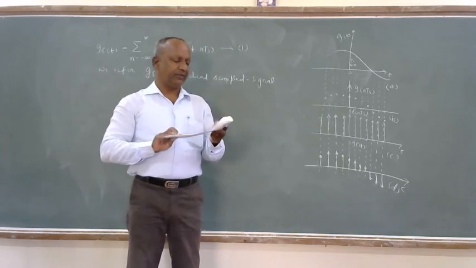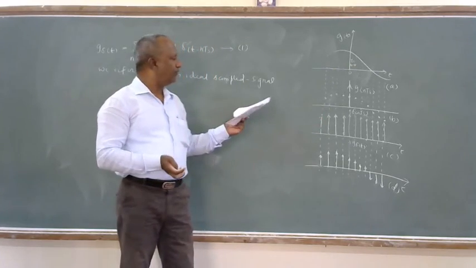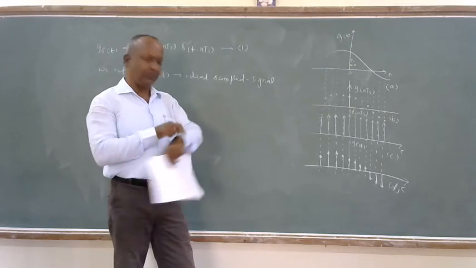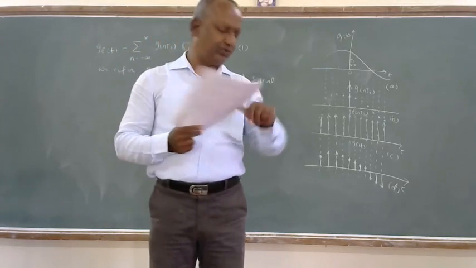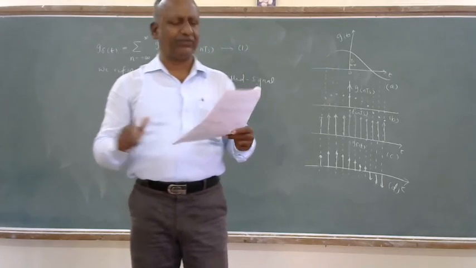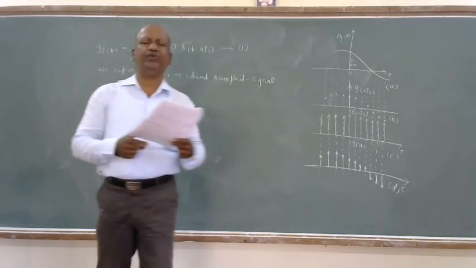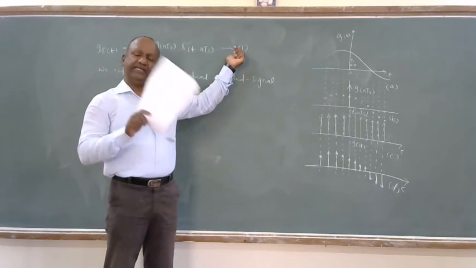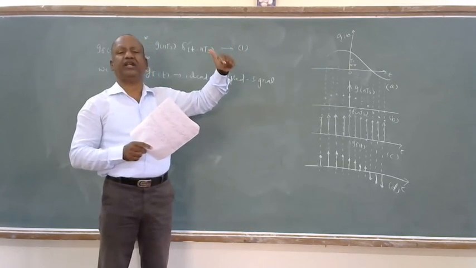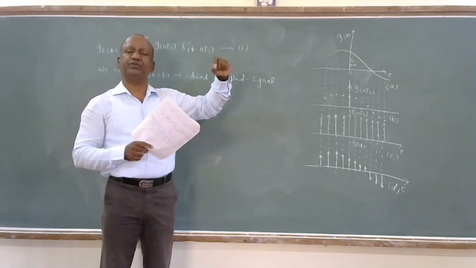So now we have obtained equation 1 and equation A. Two equations we are having now. By using these two equations, next we will find the Fourier transform of equation 1, by using A and by using the general Fourier transform definition.